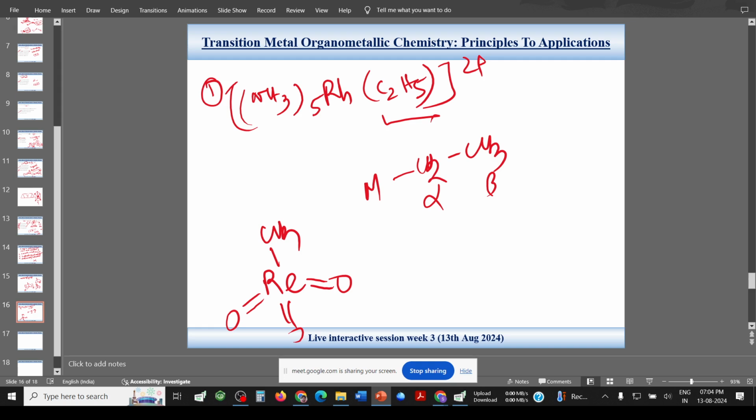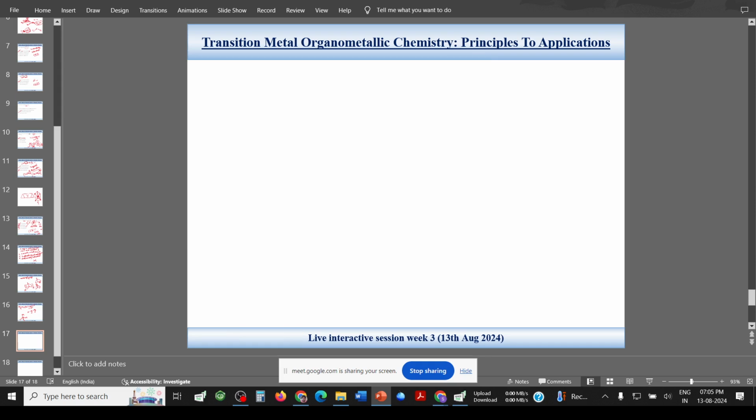Now we can move to the application of organometallics, mainly the organoalkyl complexes. Last day we discussed one topic for application, that is the oxidative addition topic.